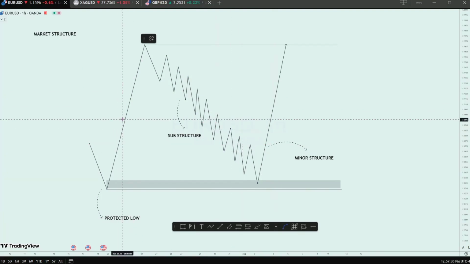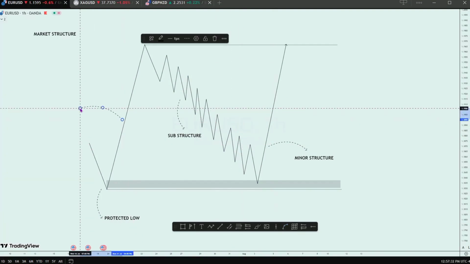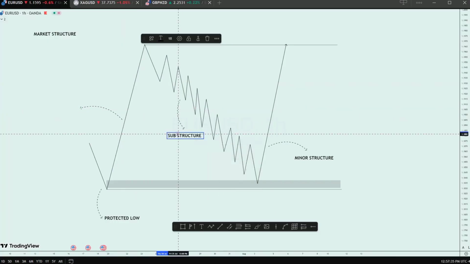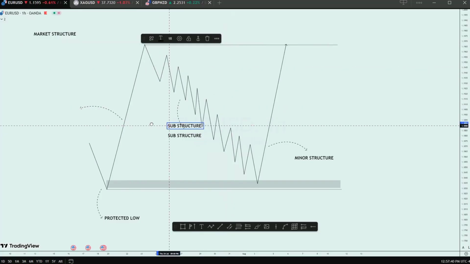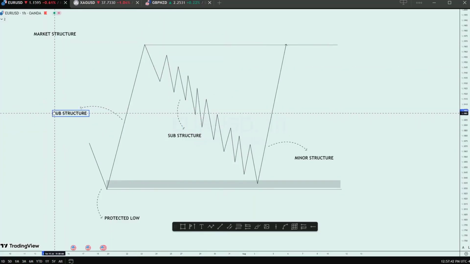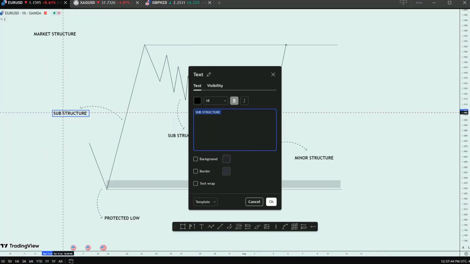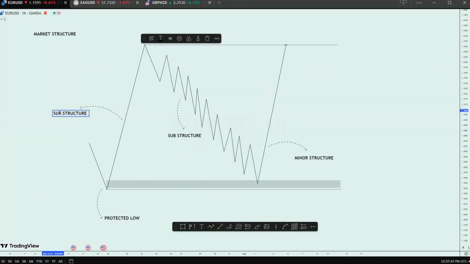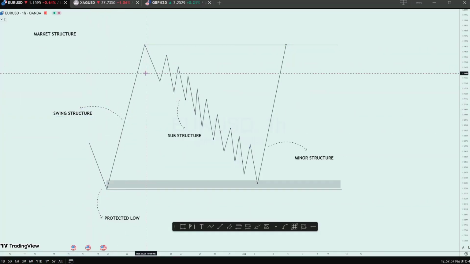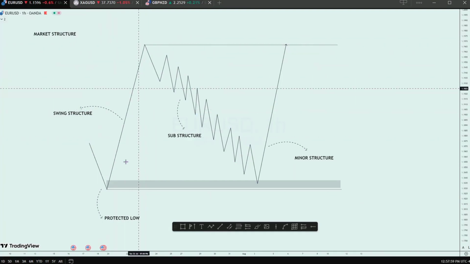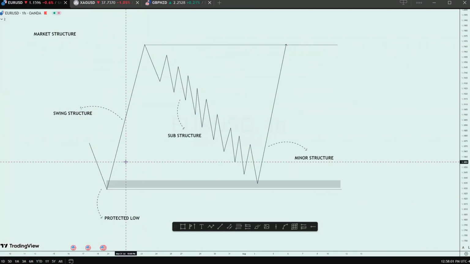This particular swing here becomes our swing structure, and this is where we're going to be focusing on our trade. In the next video, I'm going to be talking about liquidity and a few other things.